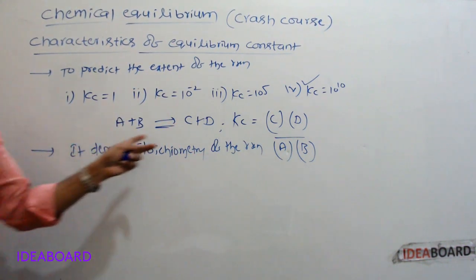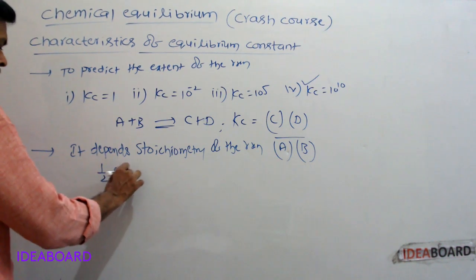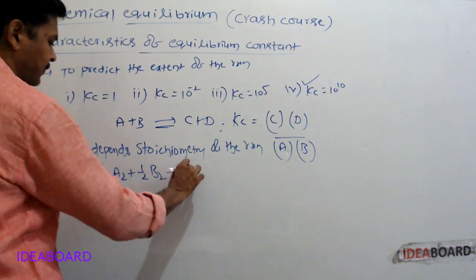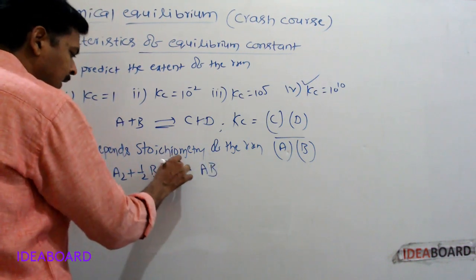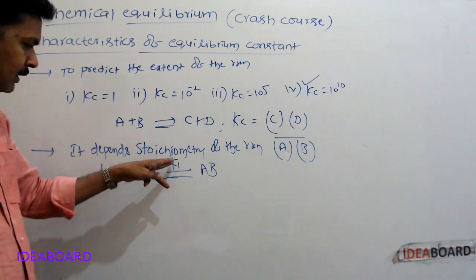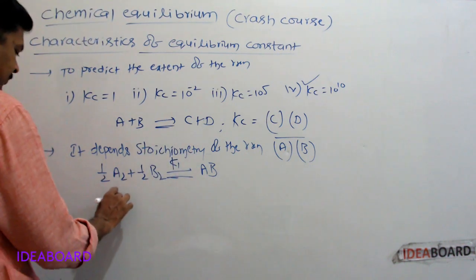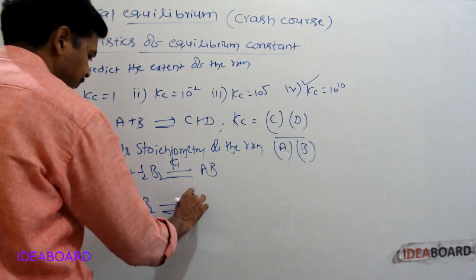That Kc value depends on stoichiometry of the reaction. See, for example, for this reaction, equilibrium constant is K1. Then for this reaction, equilibrium constant is how much?